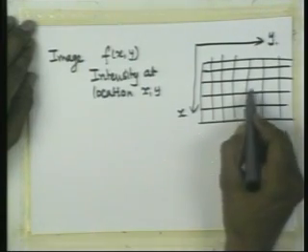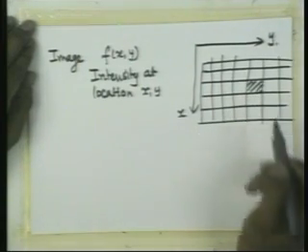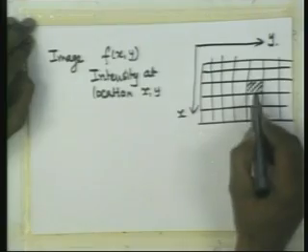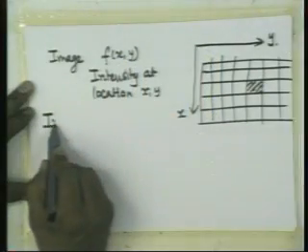If I look at some particular pixel here, what is the intensity at this particular point? If I specify it for all the image points, then that is my image. So now we are going to look at how we process this information from the image. So we are going to look at image processing.